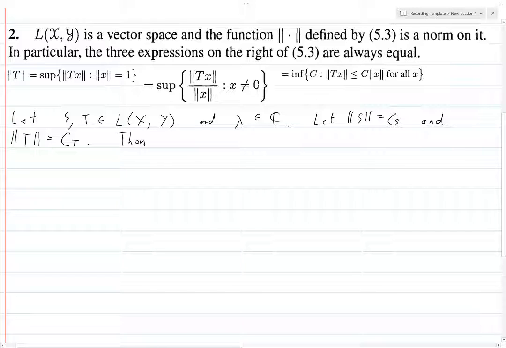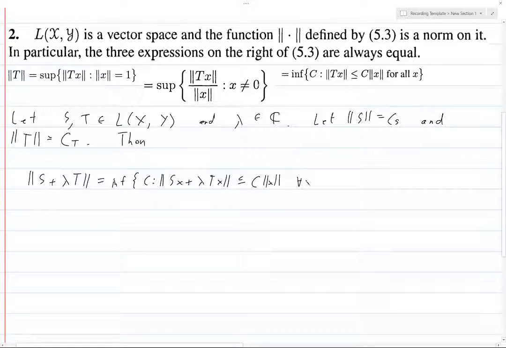So then, what would be the norm of S plus lambda T? This is the infimum over all C such that the norm of Sx plus lambda Tx is less than or equal to C times the norm of x, and this is for all x.